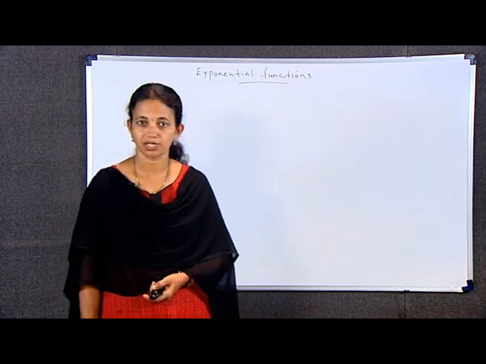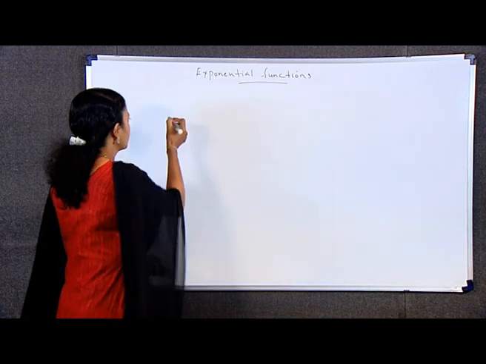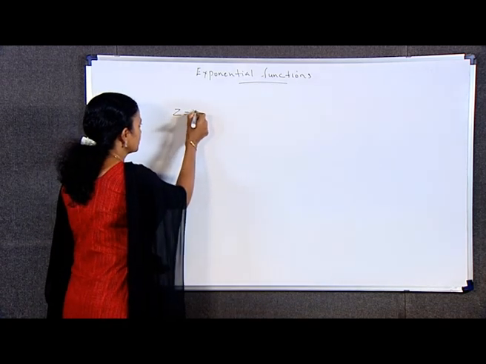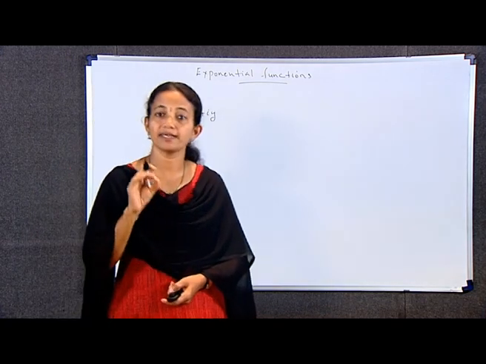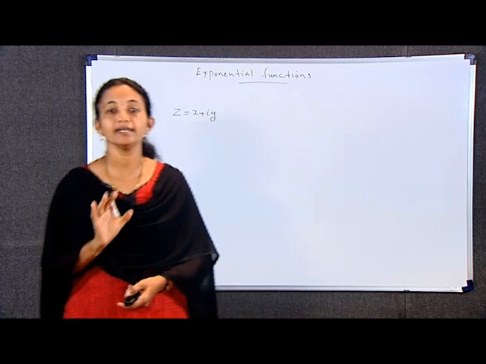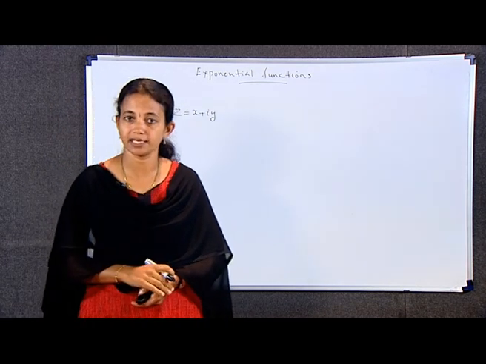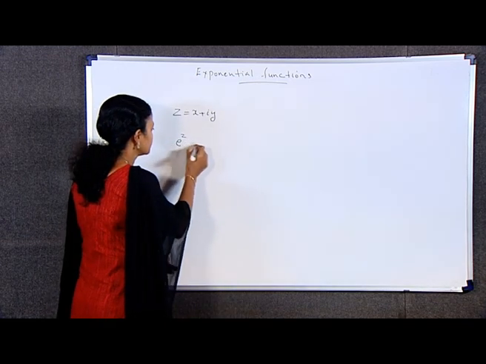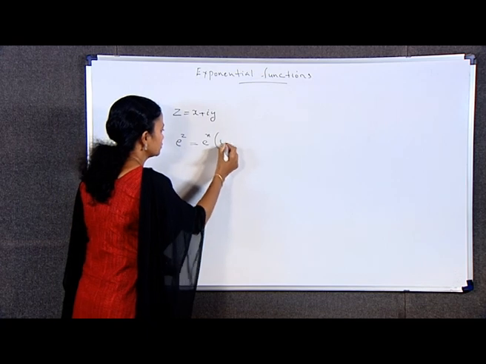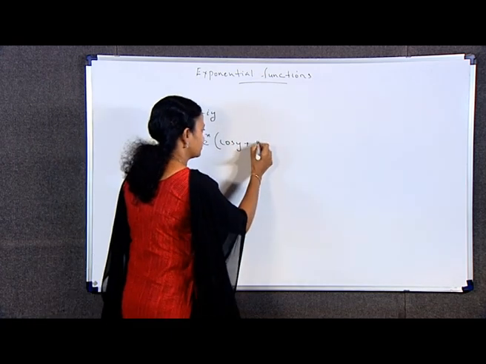Here we have a definition. The exponential function for complex variable z equal to x plus iy, denoted by e raised to z, is defined in terms of the real functions e raised to x, cos y and sin y as follows. e raised to z is equal to e raised to x into cos y plus i sin y.